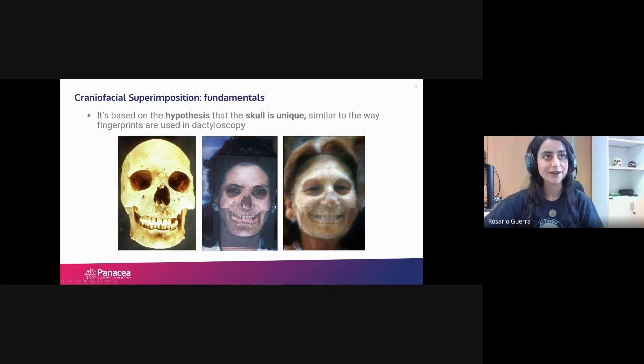So that would be something that we would check, and that would point towards the exclusion of this candidate from the investigation. This is just a general idea of how we evaluate and take into consideration any kind of inconsistency like this one.